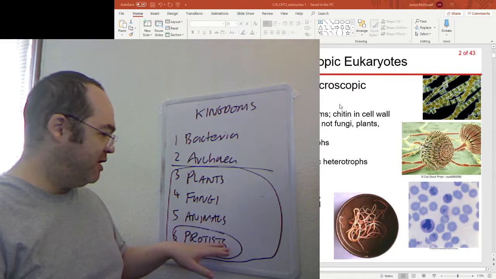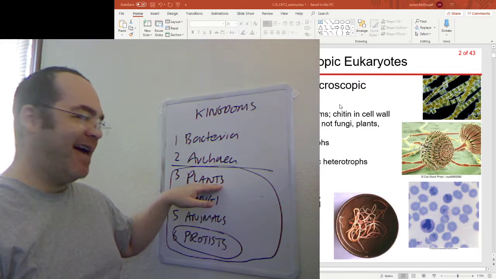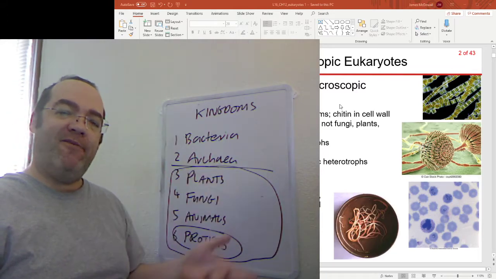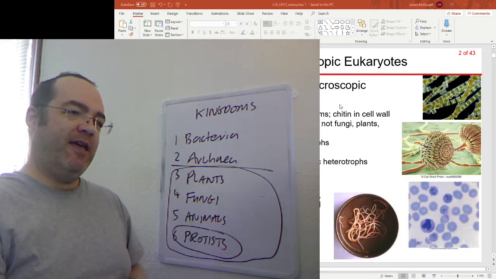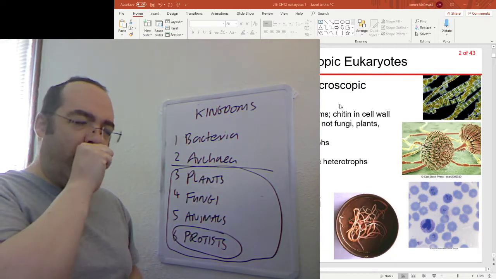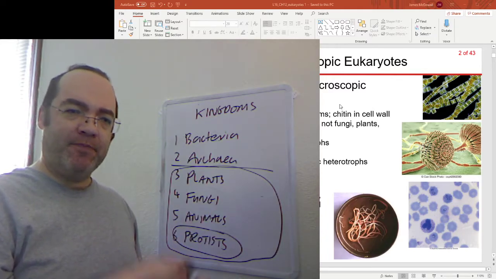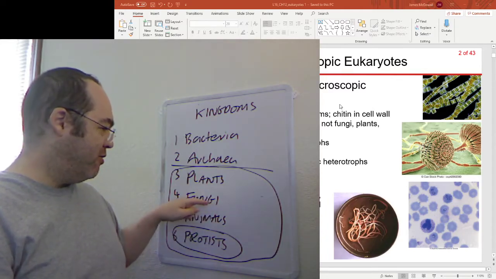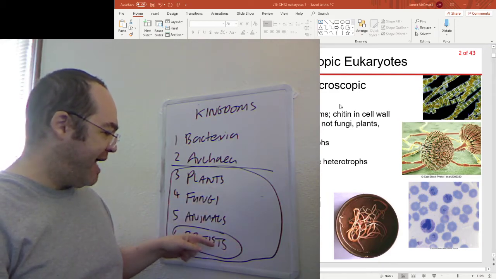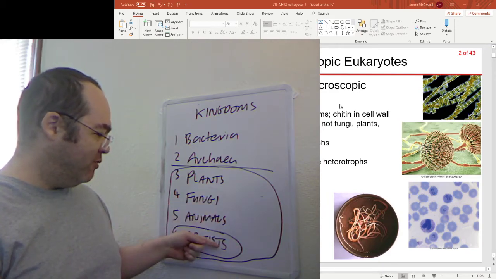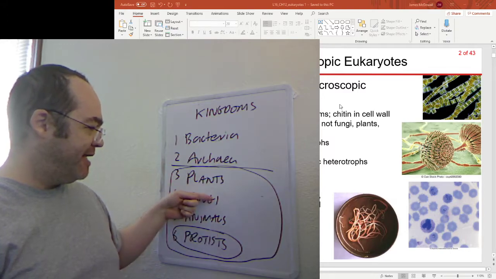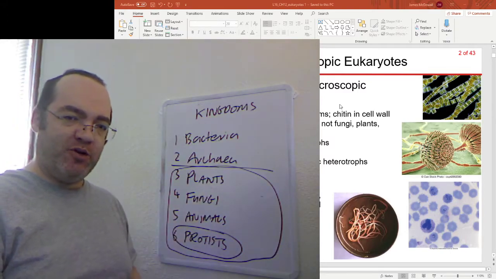There are members of the protists that should be here in the animals, because when we look at their evolutionary relatedness, we see that the green algae, for example, and plants share a common ancestor. There are organisms with common ancestors of animals and some of the protists. There are common ancestors with the fungi and some of the protists.